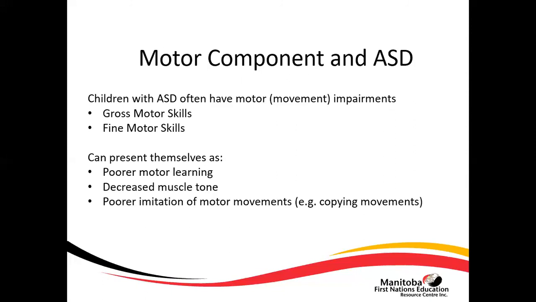Often when a child is struggling with their gross motor skills, they might show challenges with motor learning, so they're a little bit behind compared to their peers at learning new movements. They might also have decreased muscle tone or even a higher body mass index, and might show some challenges with imitating movements, say in a game of copying.